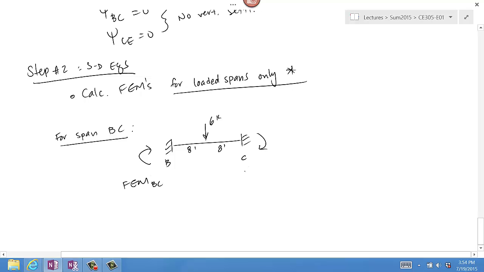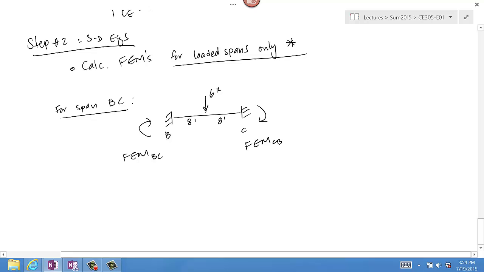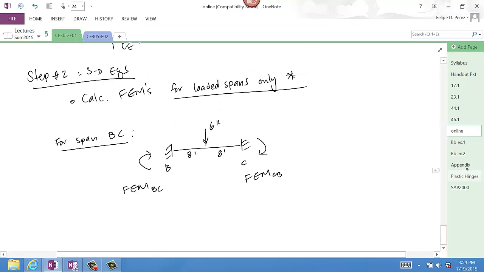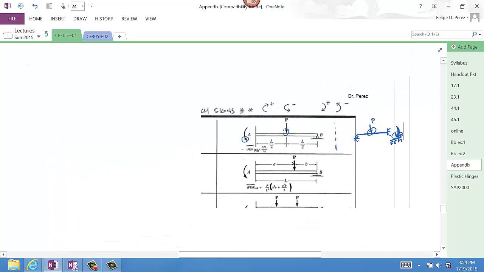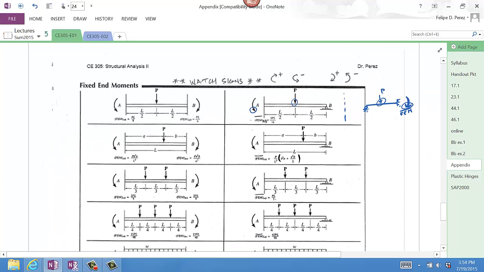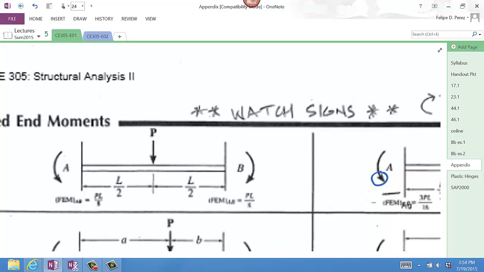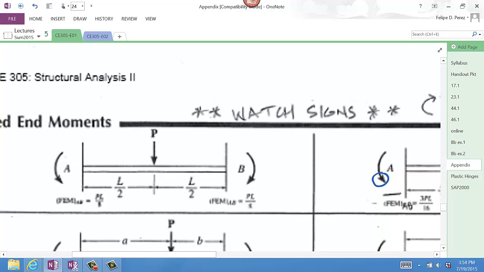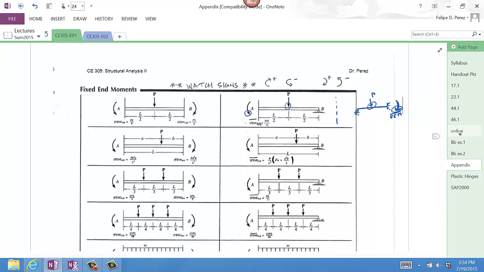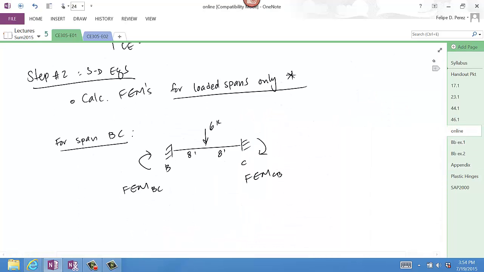FEM BC, FEM CB. These are general cases. So when you look this up in the appendix section on the left column, that's for the general case. So the first case there applies. The value is PL over 8. It's hard to see there, but your handout should show it a lot clearer.